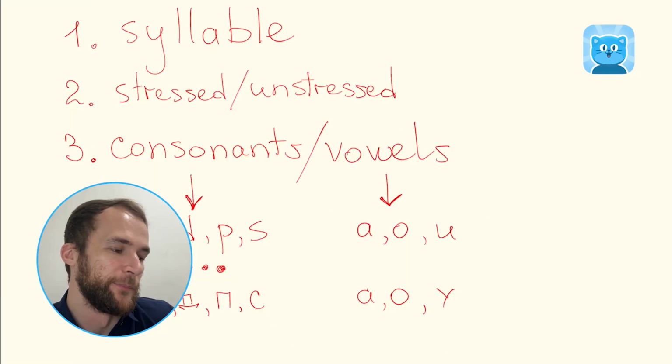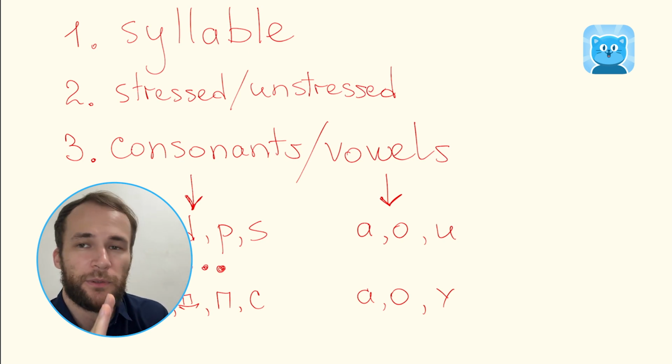Now vowels are only made with vocal cords, with voice. That's why they're called vowels. They're made with voice. Okay. And so yeah, these are consonants and vowels.